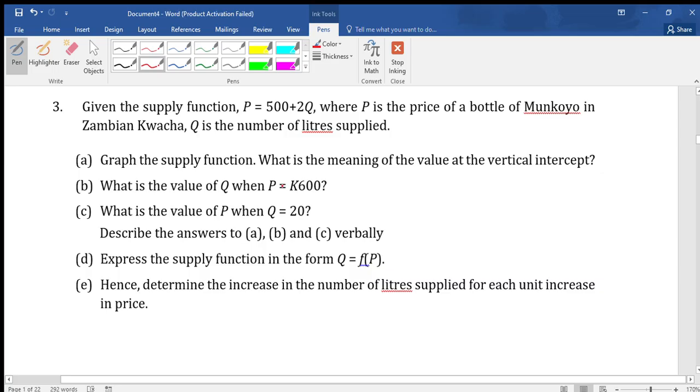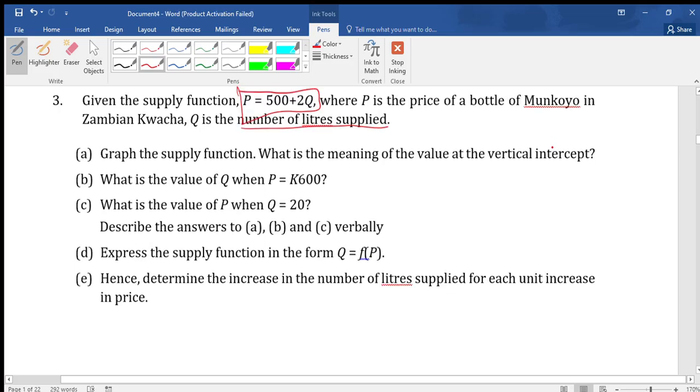So given that the supply function is P equals to 500 plus 2Q, where P is the price of a bottle of munkoyo in Zambian kwacha, Q is the number of liters supplied. Number 1, graph the supply function. What is the meaning of the value of the vertical intercept? I'm sure this is still straightforward, what we did last time.